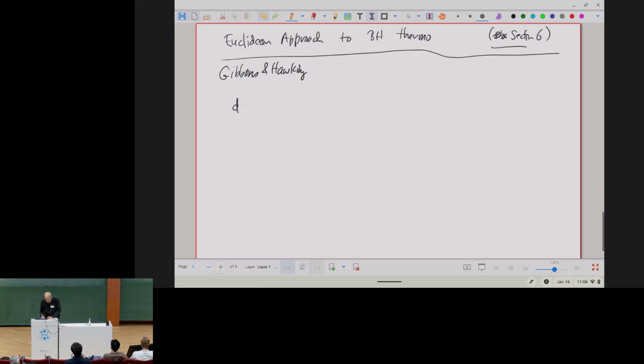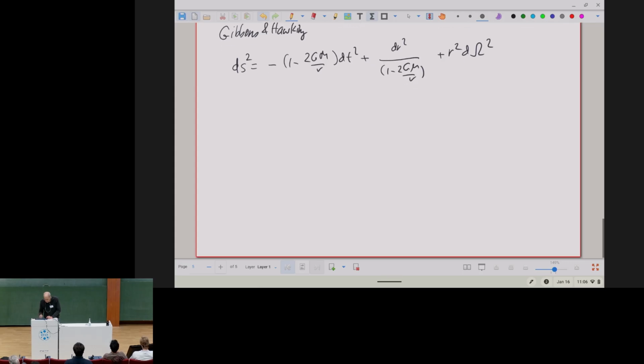So they started with the Schwarzschild metric, and they noticed that if they just continue to Euclidean signature by letting t be minus i t sub e, where t sub e will be my name for Euclidean time, they got a metric which is still real, but now of Euclidean signature. All that happens is that the coefficient of the first term becomes positive.